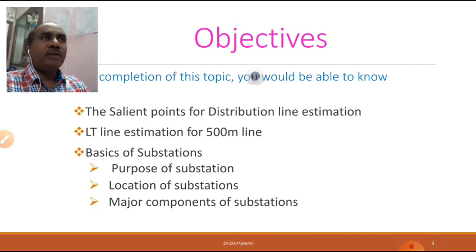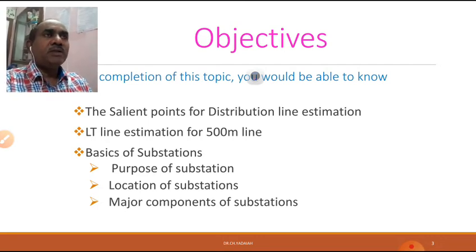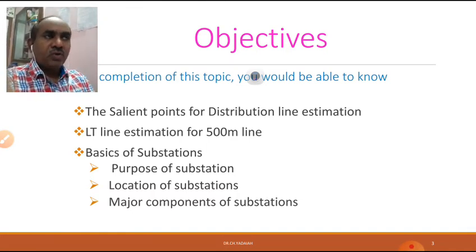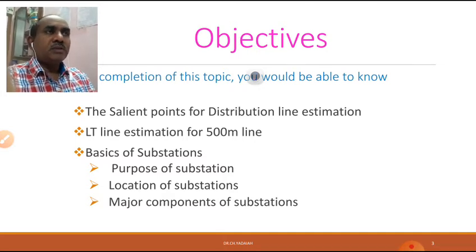Otherwise, what will happen? Nowadays, due to technology, every electronic gadget operates on electronic components, the solid states, which work only on DC.